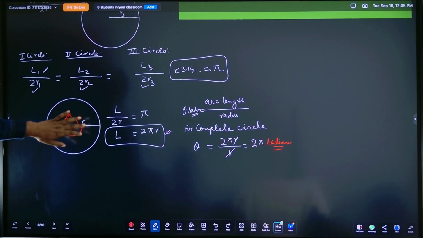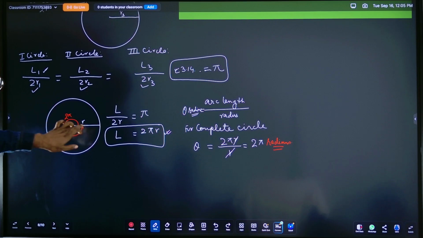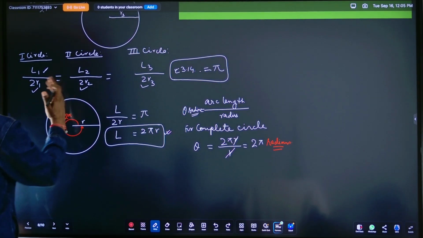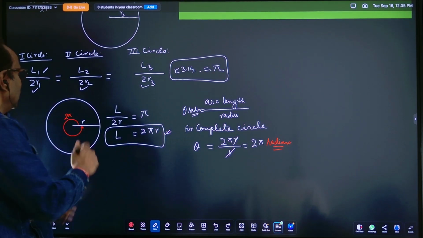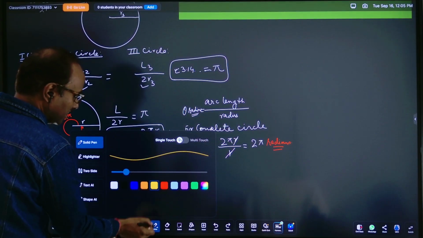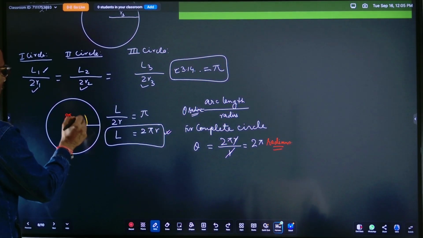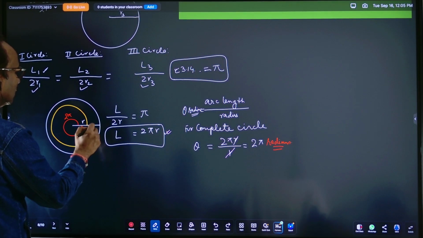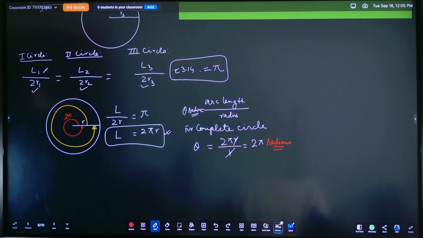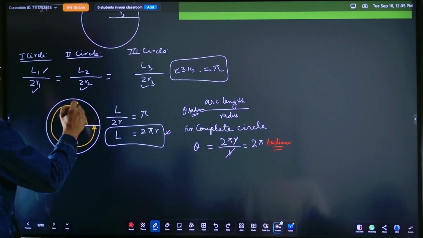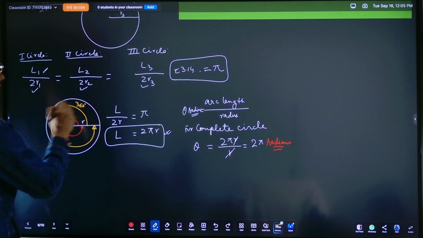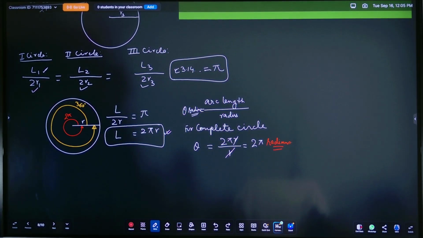And what is the degree? What is the value in degree for the complete rotation? If you measure the angle from here, a complete rotation, in degree, what is this angle? This is 360 degrees, you know.